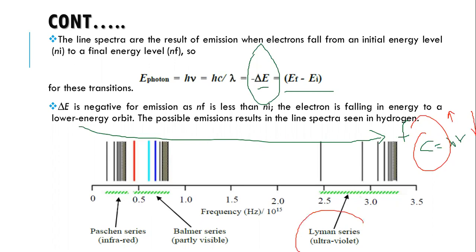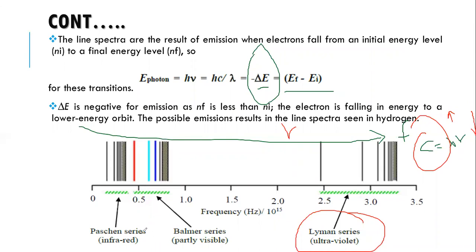Always the Lyman series will come first, because it increases according to the frequency. Therefore your Lyman series has the highest frequency and the lowest wavelength. The other connection I will show in the next slide. This is very important, guys.